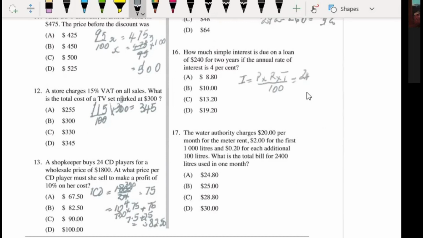The rate is 4%, and the time is 2 years over 100. This gives us 19.2. So the answer is D.